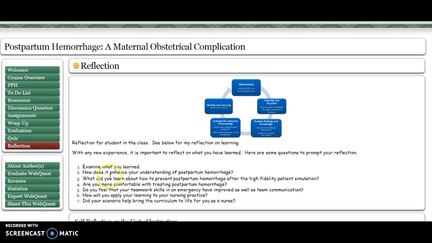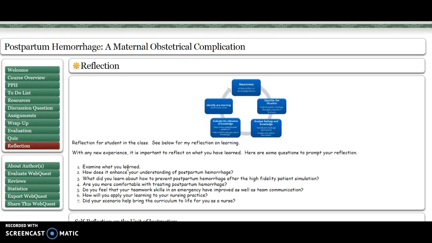In the reflection section, the questions were very thoughtful, asking learners to look at what they have learned and how it's going to enhance their understanding of the postpartum hemorrhage, and also asking them if they're more comfortable that they have this knowledge and if they feel that their teamwork skills in an emergency have improved. My experience in simulation is that students' skills will improve.